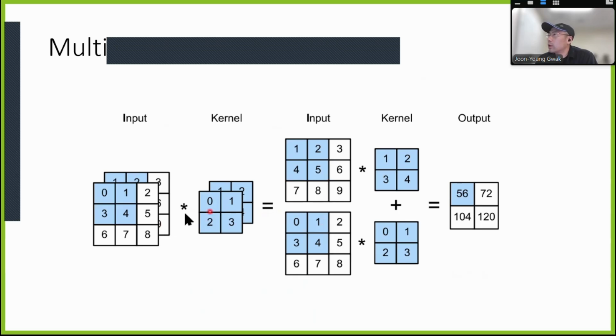For each channel, it will generate the dot product, and then that dot product will be added to the dot product of its counterpart in the other input channel, which will result in the output matrix. So this is basically aggregating multiple channels into one.